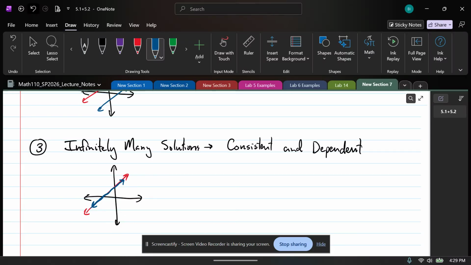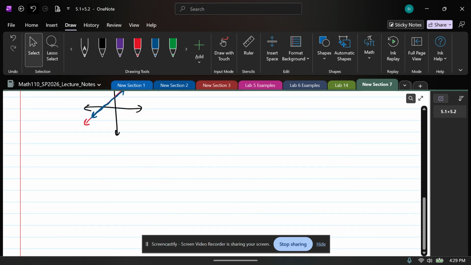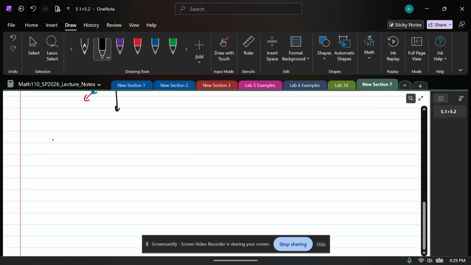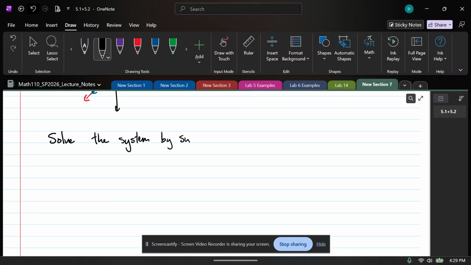Okay. Now we're going to solve those systems using different methods. The first method that we're going to talk about is substitution. Solving a system by substitution.